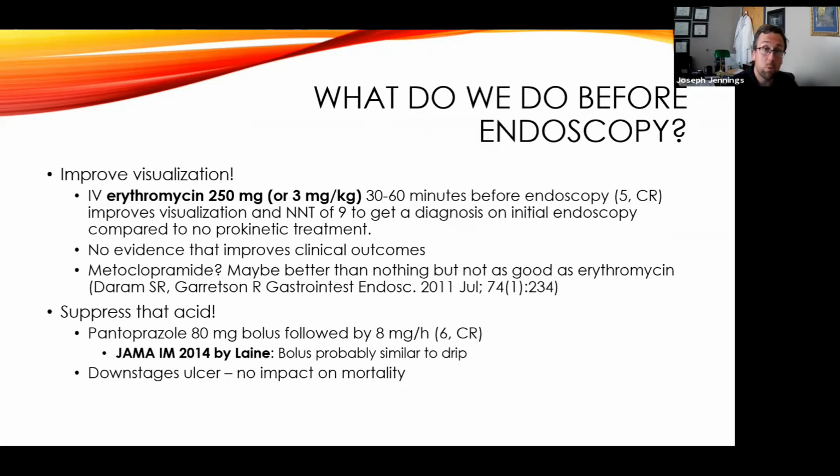The one place 2012 and 2021 separated is they actually kind of backpedaled a little bit on how strongly they feel about PPIs being started. And the recommendation was they couldn't strongly suggest that it's mandatory. That being said, the downside, the data quoted in the 2012 guidelines, and what we know is that starting PPIs seems to downstage the lesions we find on endoscopy.